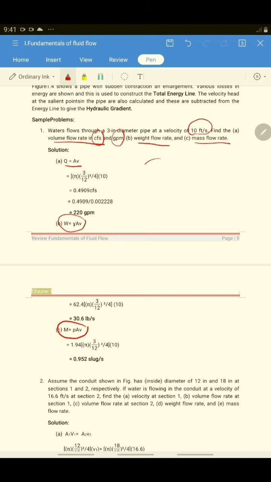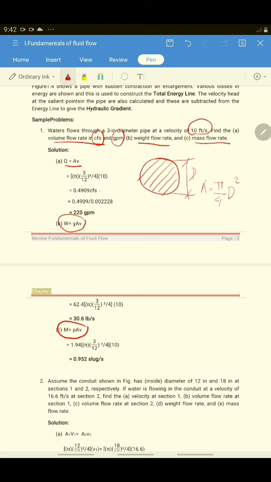Okay, for letter A, since here the pipe is considered flowing full, the area of flow is just equal to the area of the circle. So you have pi over 4 d squared.